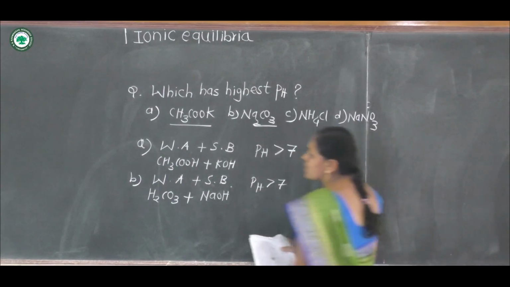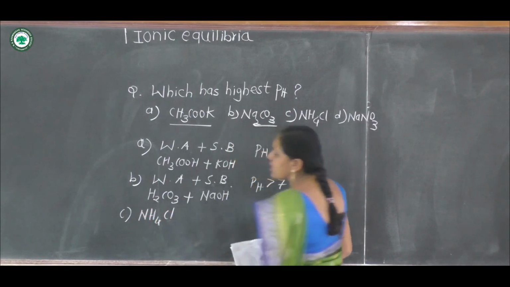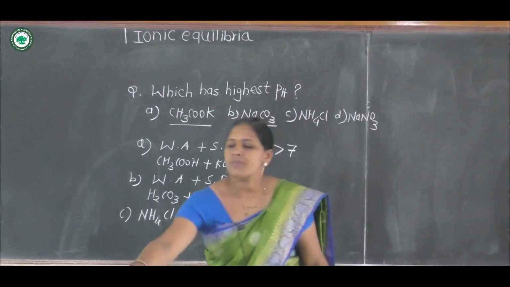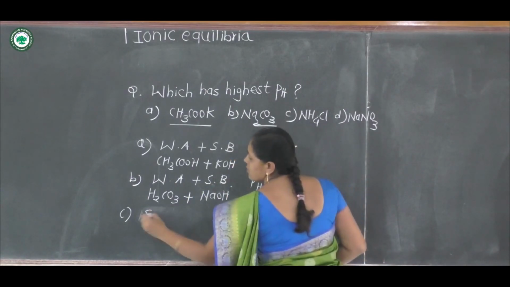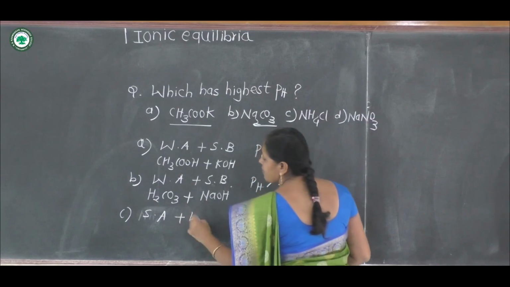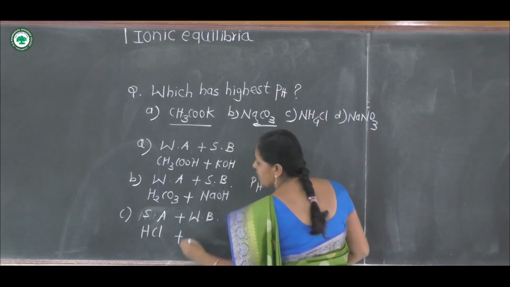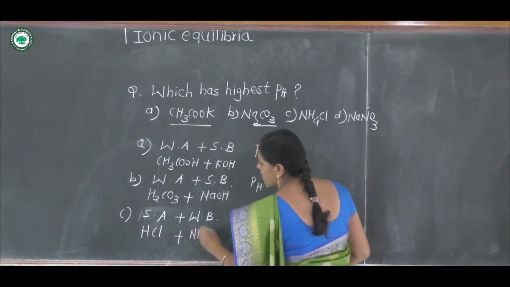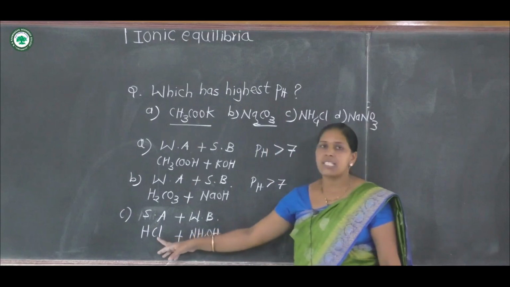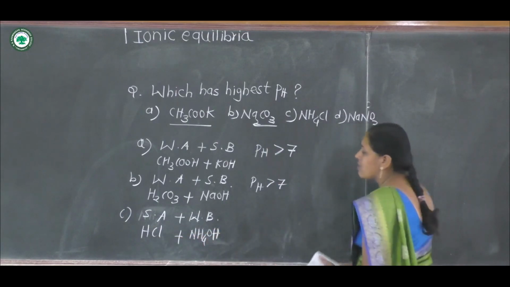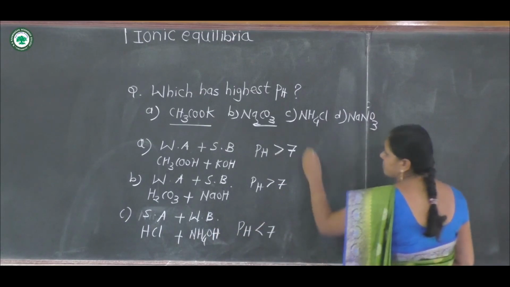Third, NH4Cl. NH4Cl is the salt of strong acid HCl and weak base ammonium hydroxide. And we know that a solution of strong acid and weak base salt is always acidic and pH is less than 7.